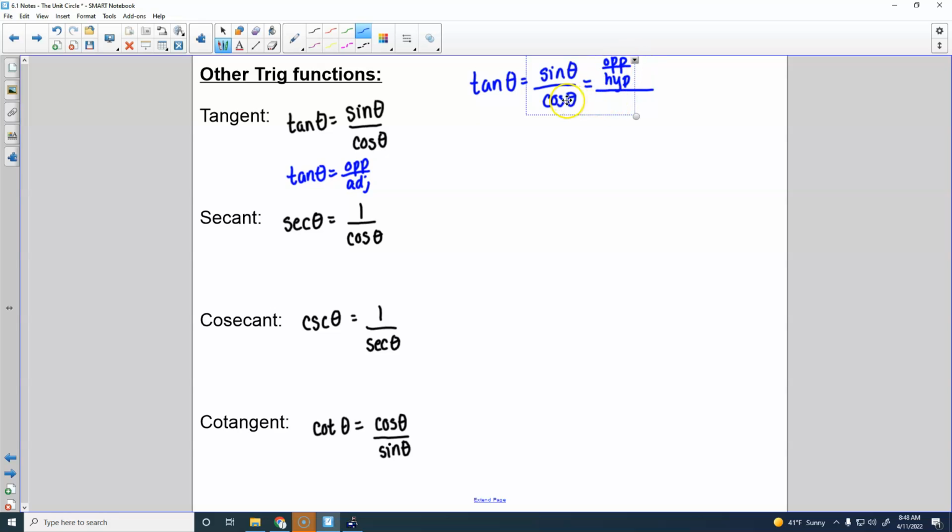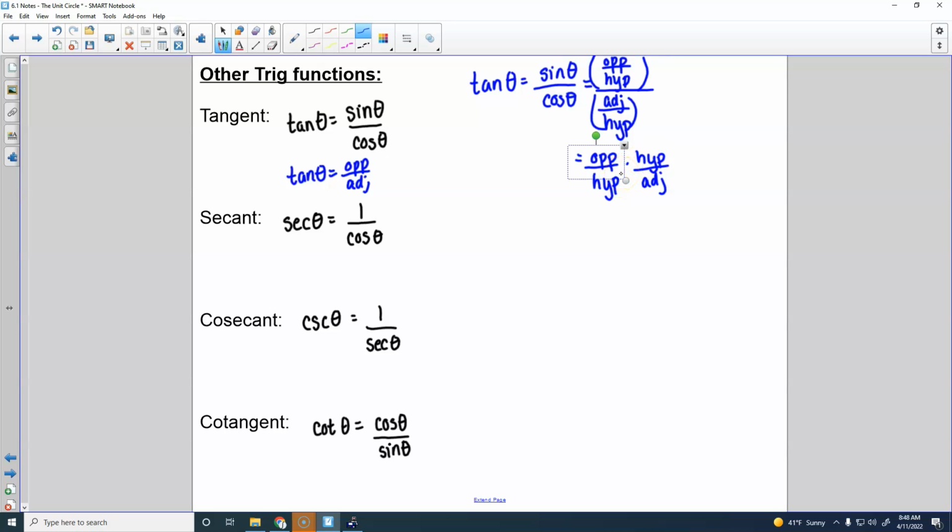I know cosine is adjacent over hypotenuse. What do we do when we've got these complex fractions inside of fractions? Dividing fractions, easy as pie, flip the second, multiply. So what we would do here is opposite over hypotenuse times hypotenuse over adjacent. And what could happen with our hypotenuses here?